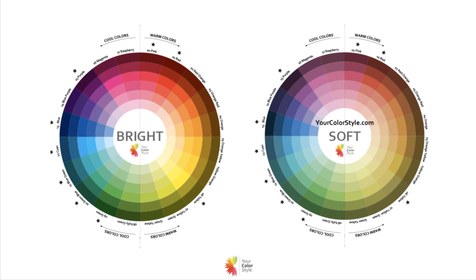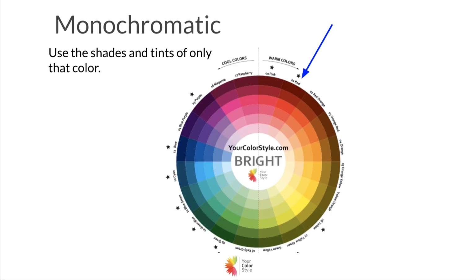So before we talked about value, so even in a monochromatic color combination, if you're wearing all of one shade of color, from a very light red to a very dark red, that would be a monochromatic color combination. It would be a low contrast color combination.